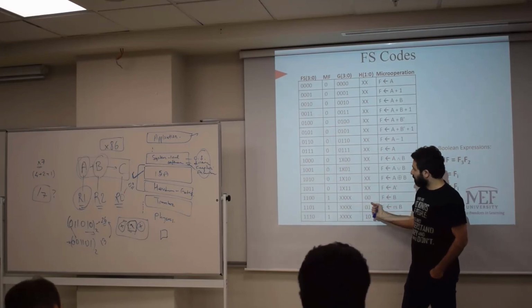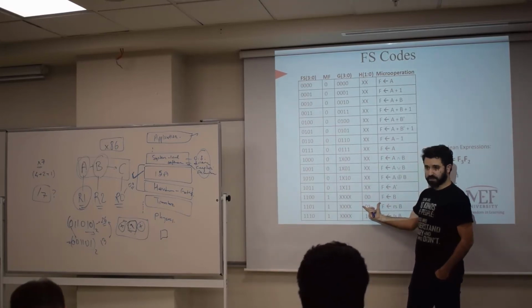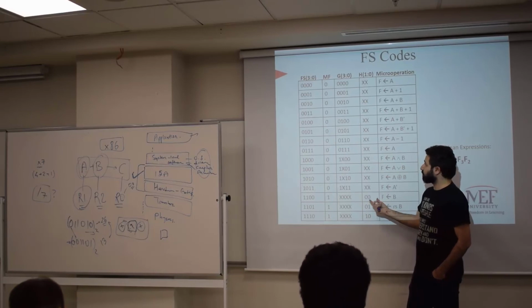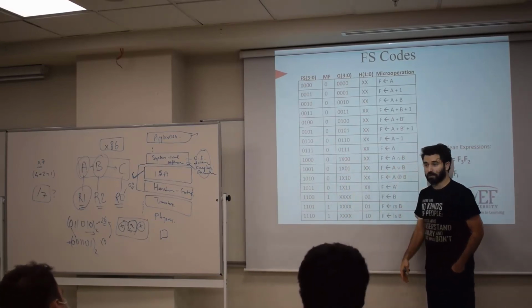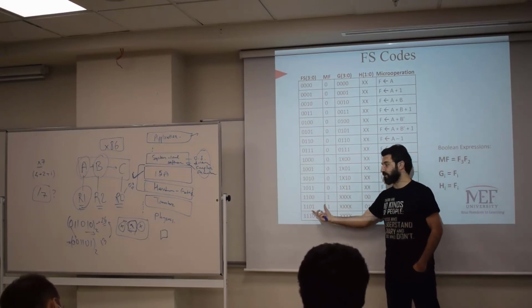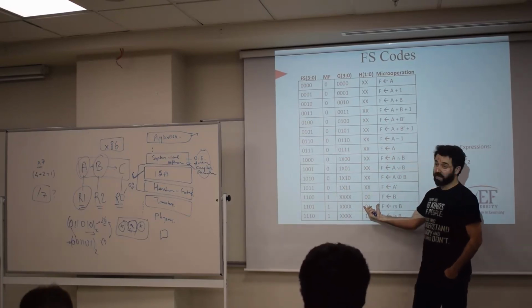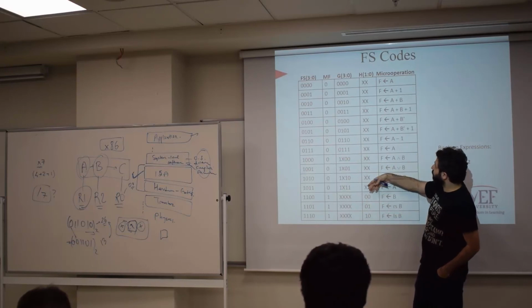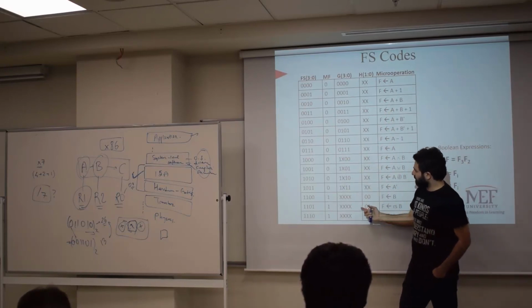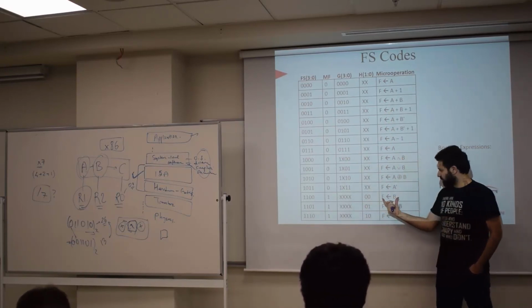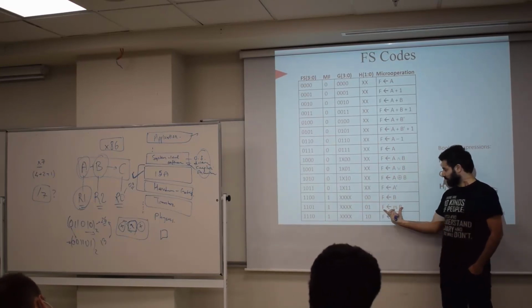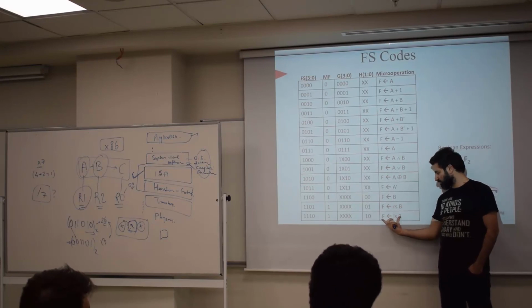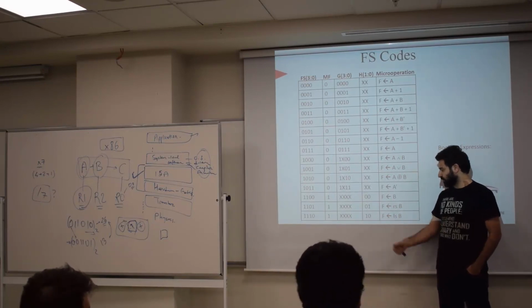These two combined make it 6 bits. But it turns out that we don't need 6 bits. We just need 4 bits to describe these two because there is a simple transformation from FS to G and H. Okay? And this table shows you that, because H is only used for these types of transfer: B transferred to F, right shift of B transferred to F, or left shift of B transferred to F. Okay?